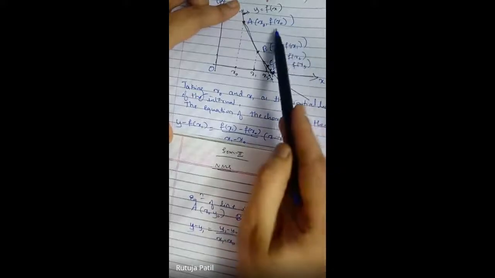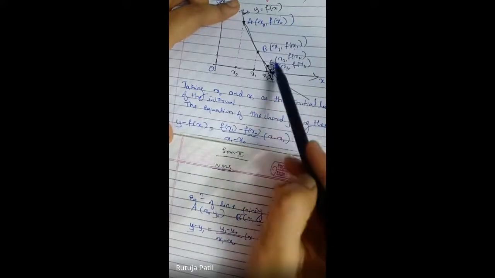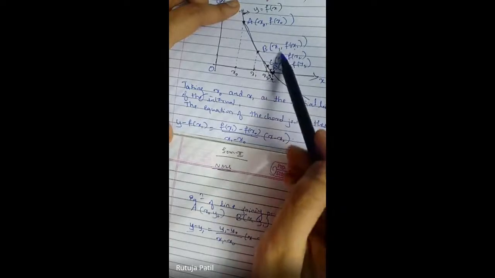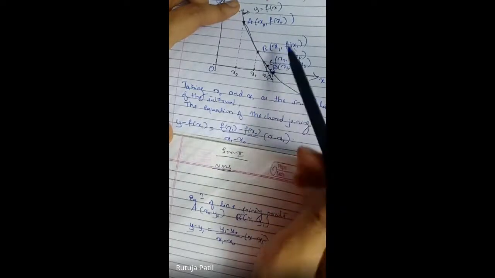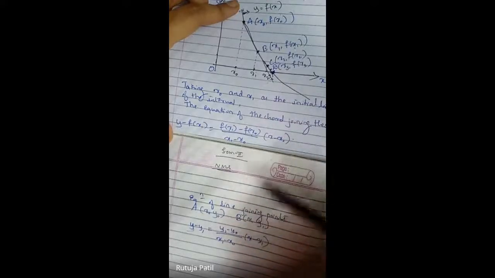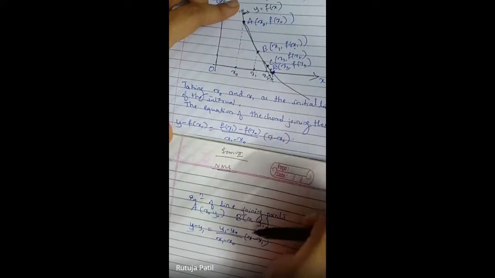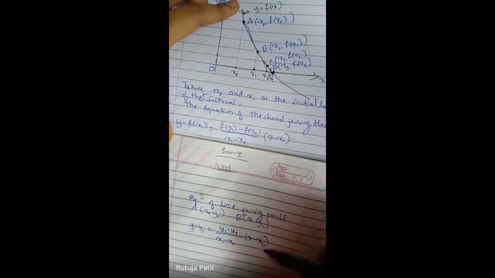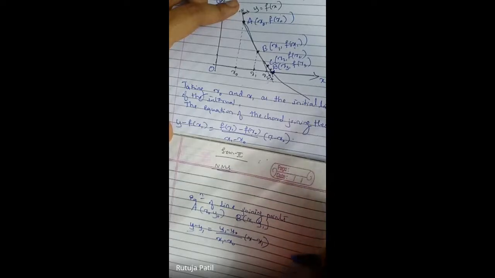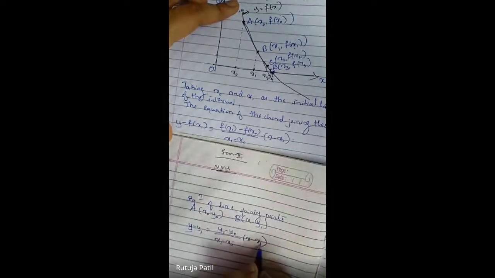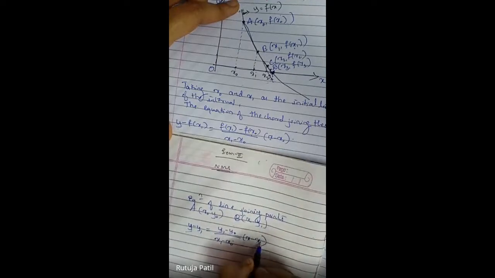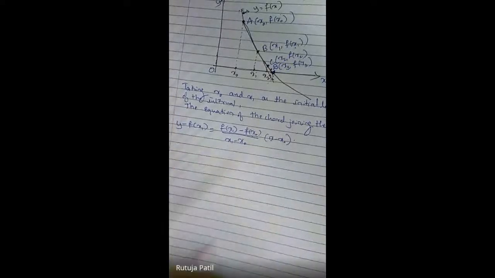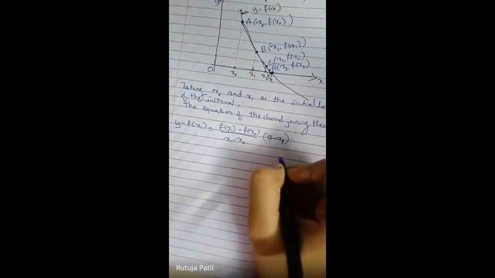Y naught is this one, f of x naught, divided by x1, here also we have the point x1 only, minus x naught, and x is another variable, x minus x1. Sorry, this is x minus x1.